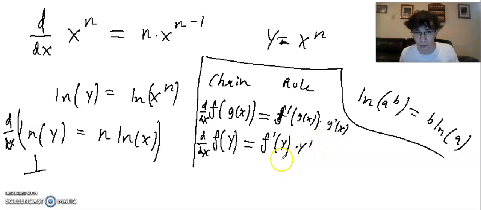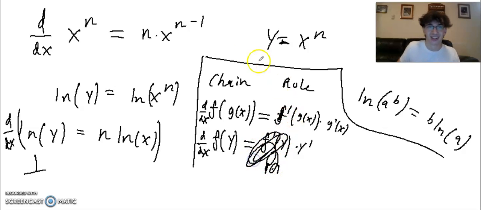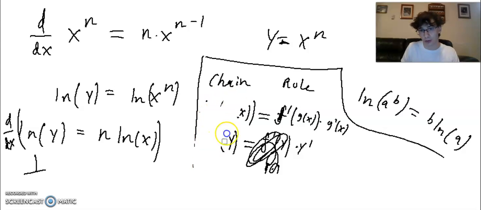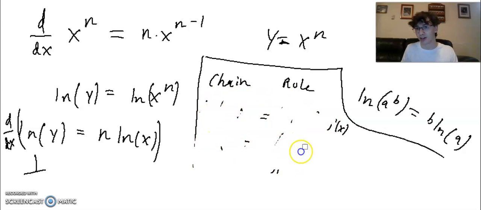And, well, it's just the chain rule. What's inside, if you derive it, also needs to come out on the outside. So we end up just getting, I guess that was a bad example, because we get just 1 times 1. Anyways, we're going to touch on that a little later.